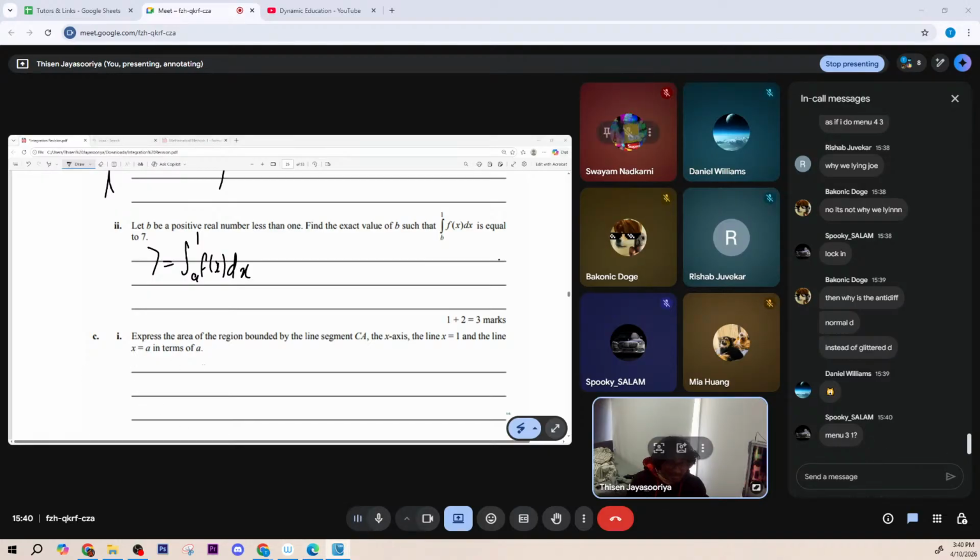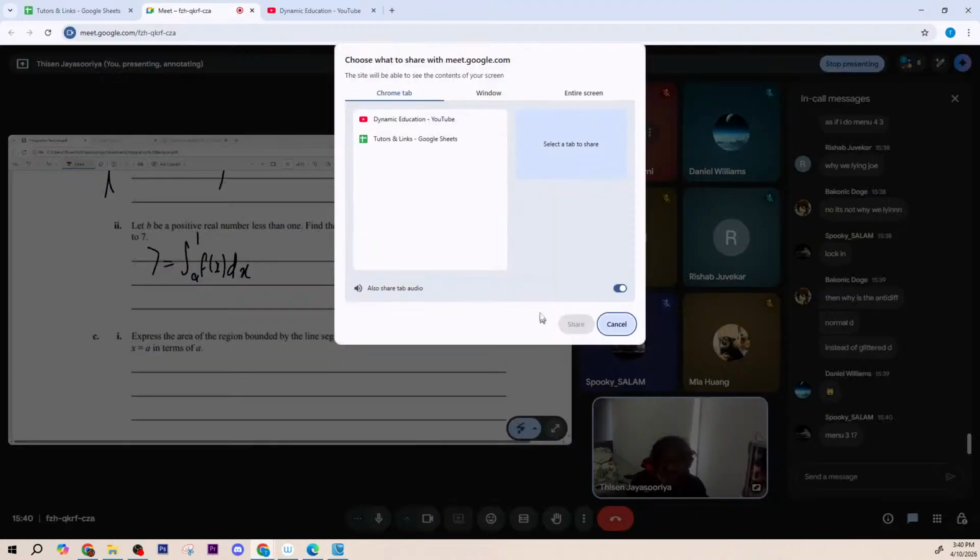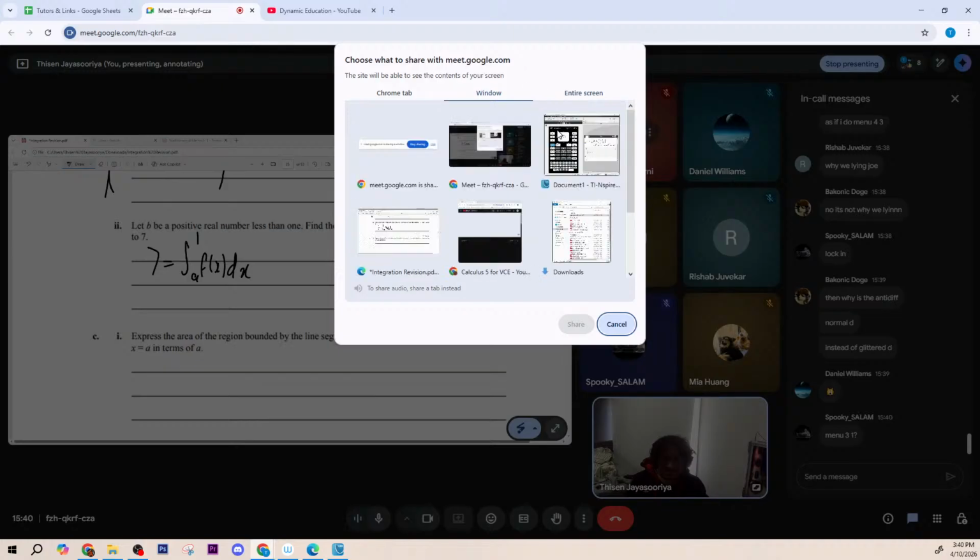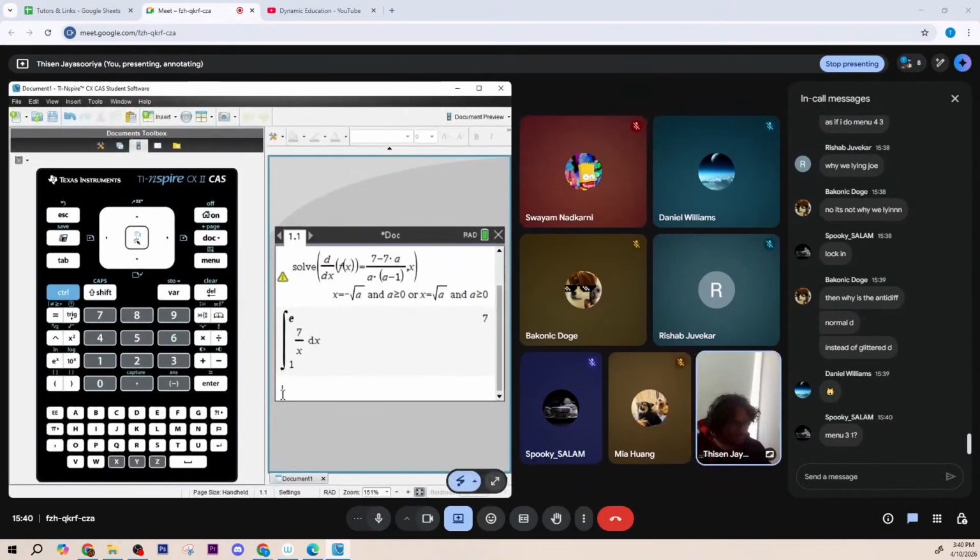Yes, we can literally type that whole expression into our CAS and put it into the solve function. So here we go menu 3-1.